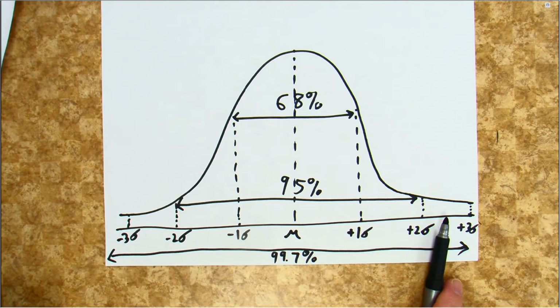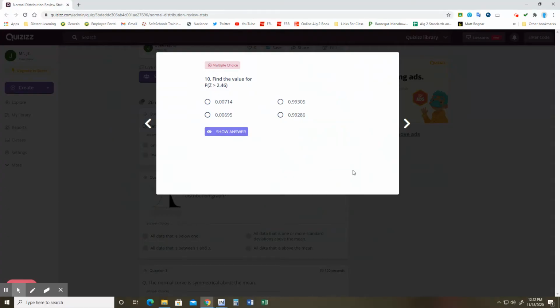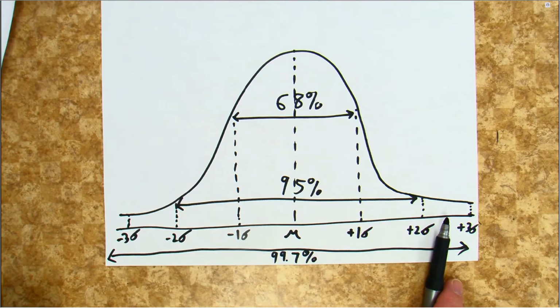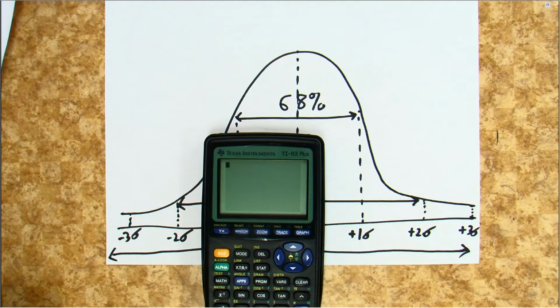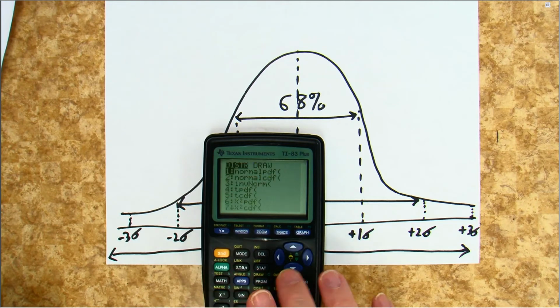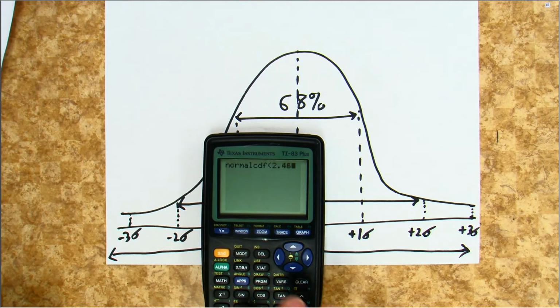And what this question is saying is, what is the probability of having a z-score at 2.46 or greater than 2.46, meaning everything's shaded to the right of where my pen was pointing. Now, if that is the case, in my calculator, all I have to do is type in 2.46 comma big number.